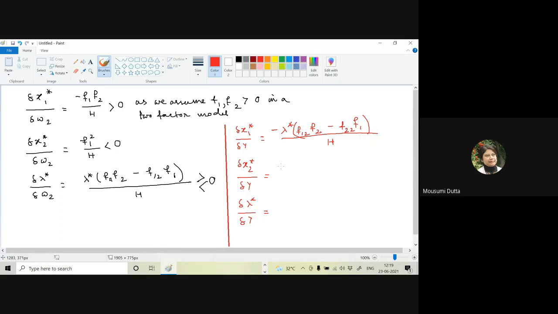Okay, del x2 star by del y. Ma'am, it's minus lambda f1 f21 minus f2 f11, f2 into f11. And del lambda star by del y.